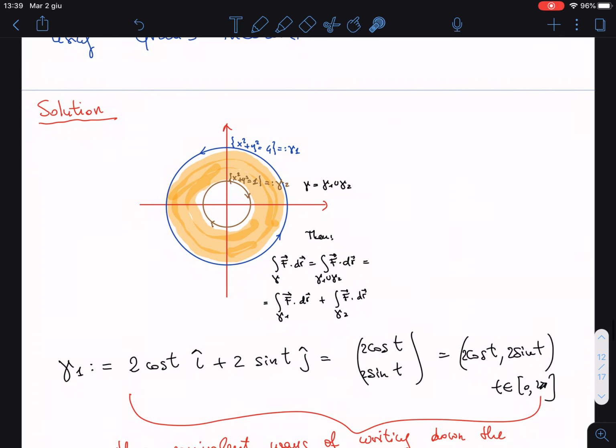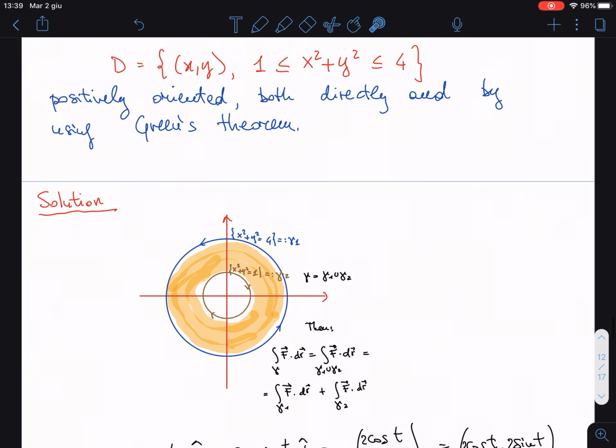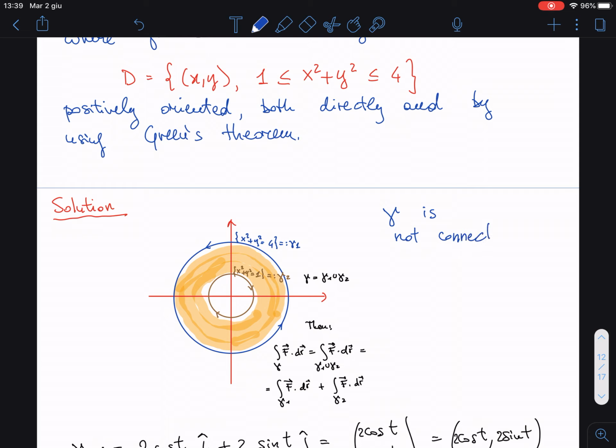Okay? And notice that here the boundary gamma is not connected. In a previous lecture I talked about simply connected sets, but in this case I'm not talking about simple connectedness, but only about connectedness. Okay? So when I'm talking of a connected set, I just mean sets that are made of one piece.